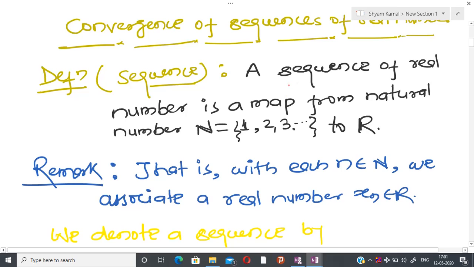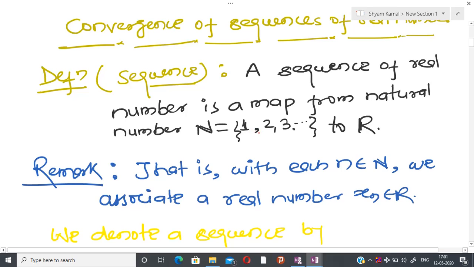So in order to save time, I have written almost everything, and I am just going to give you the explanation. A sequence of real numbers is nothing but a map from the natural numbers 1, 2, 3 to the real numbers. So I have basically infinitely many natural numbers and infinitely many real numbers. For each natural number I am assigning some real number.